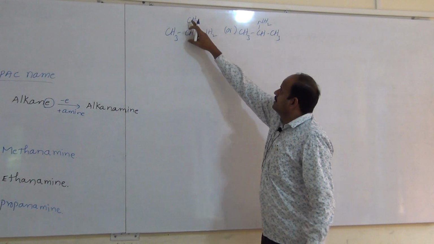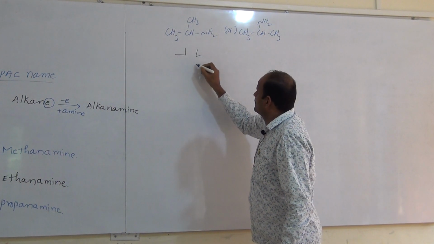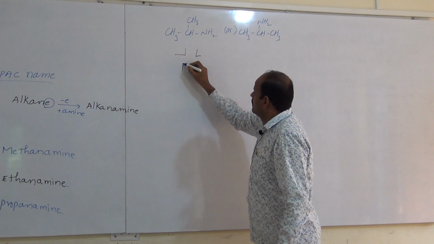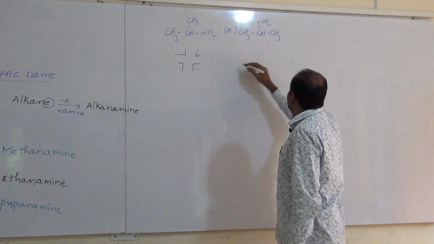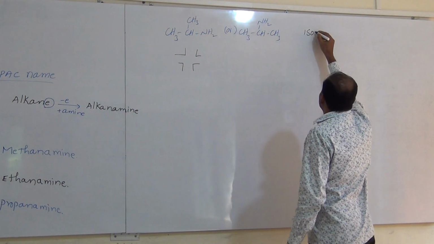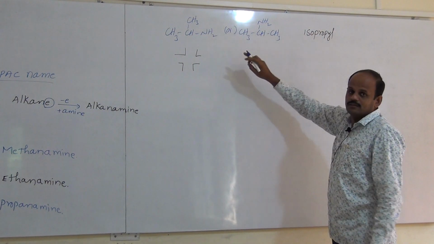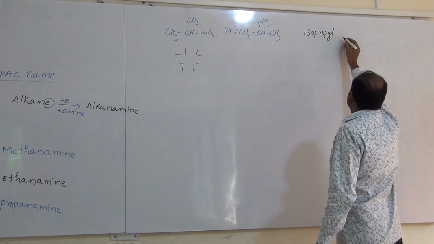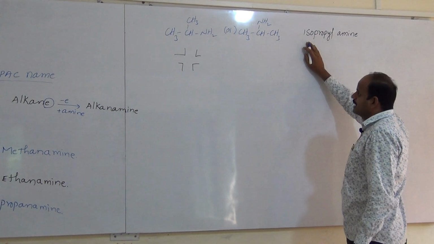What is the name of this group? If the alkyl group is present like this or like this, that is called iso. Here how many carbons are there? Three carbons, hence that is propyl. So the overall name is isopropyl. Then amine: isopropylamine is the common name.